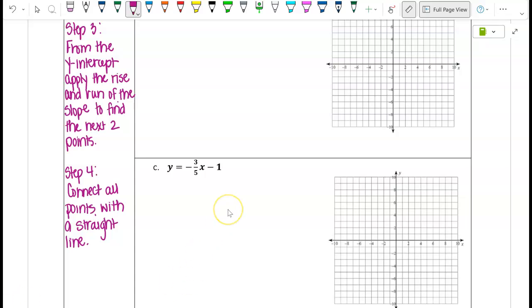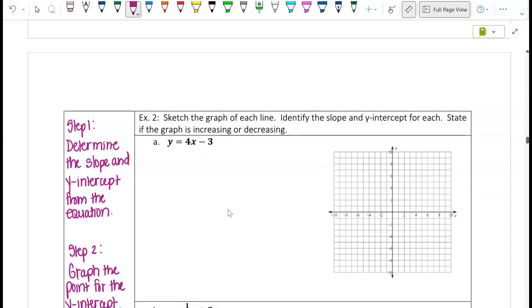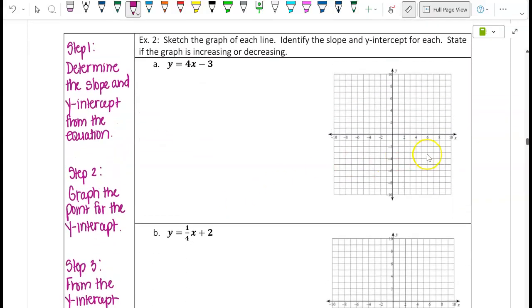All right, so now if we take these steps, go back up to this first problem here where they ask us to sketch the graph of each line, identify the slope and y-intercept for each, state if the graph is increasing or decreasing. So we have y equals 4x minus 3. Again, remember the slope-intercept form is y equals mx plus b.